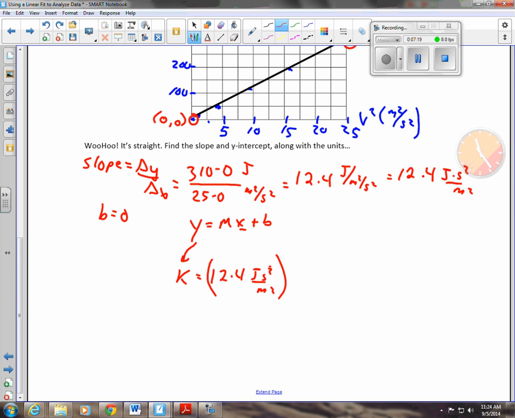My x-axis, now I have to be careful, it's not b anymore. Remember, on the x-axis we had b squared, so I have to put b squared here, and then b was 0. Okay, so I don't have to add that part. So there is my equation for that now.